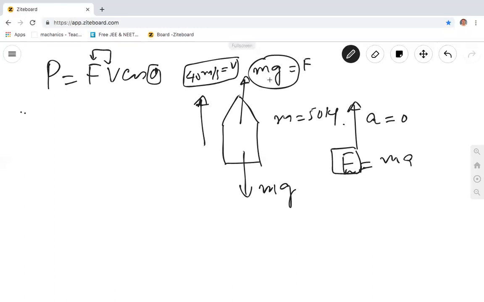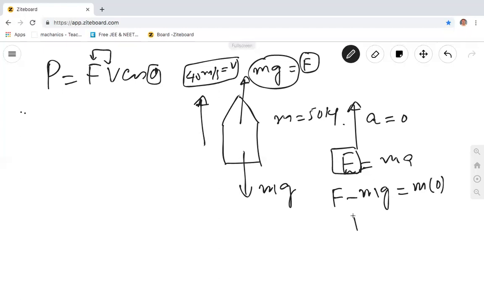Let me say I am applying this force F. So what should I write for F net? F up, mg down, so F net is F minus mg, which is equal to ma. That is 0, because a is 0 as it moves with constant velocity.